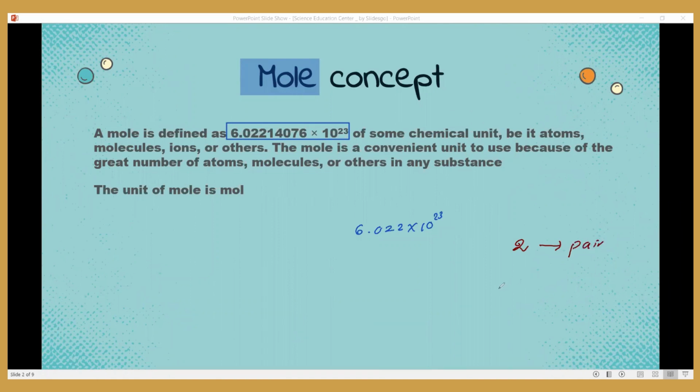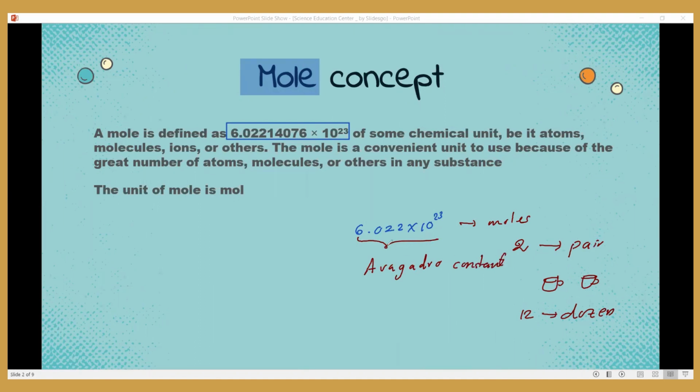If I say a pair of cups, we mean 2 cups. Or if I say a dozen of books, a dozen refers to 12. Similarly, when I say mole, it refers to this many, which is also called the Avogadro constant.